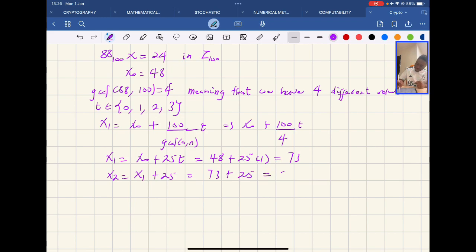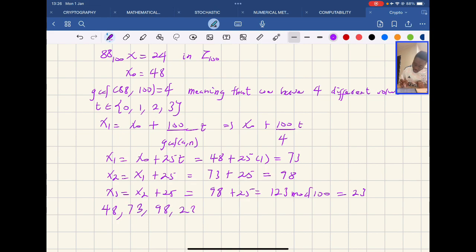And this is equal to 98. x3 will be equal to x2 plus 25, and this is equal to 98 plus 25, which is 123. But note that we are dealing in modulo 100. So this modulo 100 is equal to 23. So the values satisfying this equation are: the first one is 48, then we had 73, then we had 98, then we had 23. So these are the values satisfying this equation.